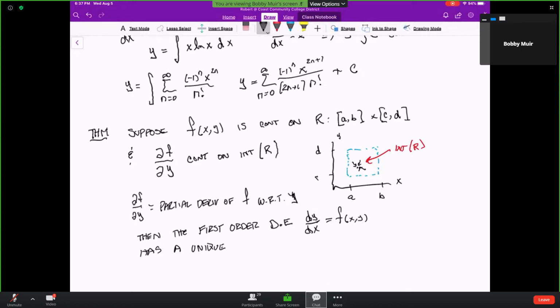along with the condition that y of x0 equals y0 has a unique solution.